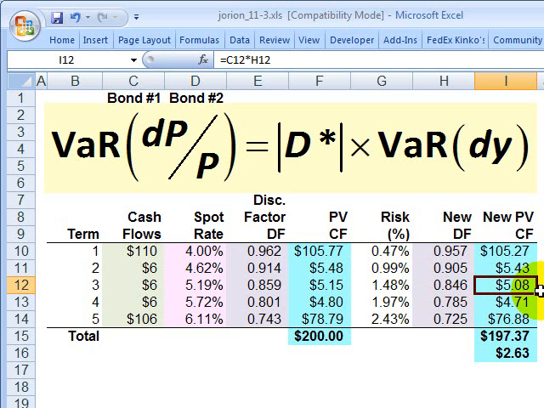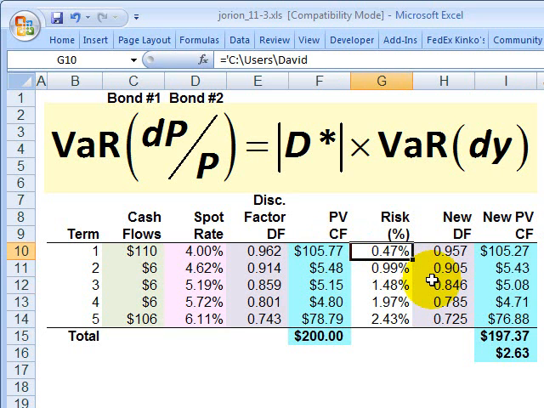So all we've done here really is say if our returns value at risk, our worst expected change in the return is 1.48%, well, that means our $5.15 present value that we're expecting could be reduced down to $5.08. And so we're doing that for each of the cash flows.